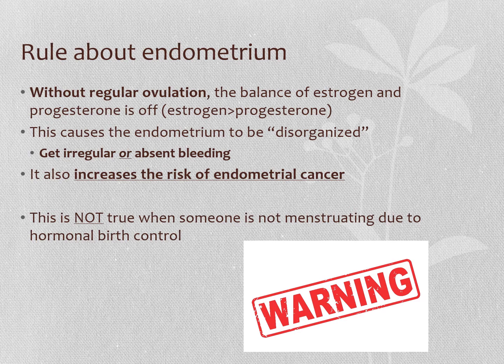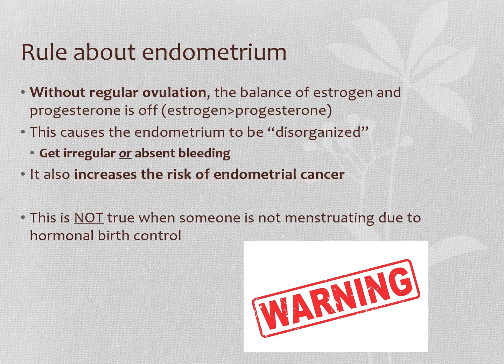Now, the caveat here is that this is not true if somebody isn't having regular periods because of the birth control that they're on. If they're not having regular periods because of the birth control that they're on, we're doing that to them. And whenever we put somebody on hormonal birth control, we make sure that there is not this relative excess of estrogen.